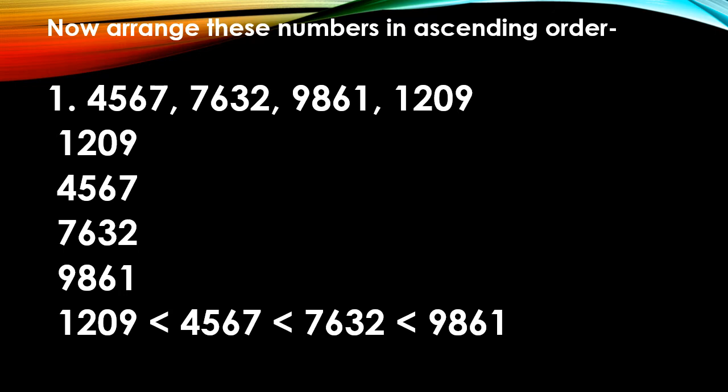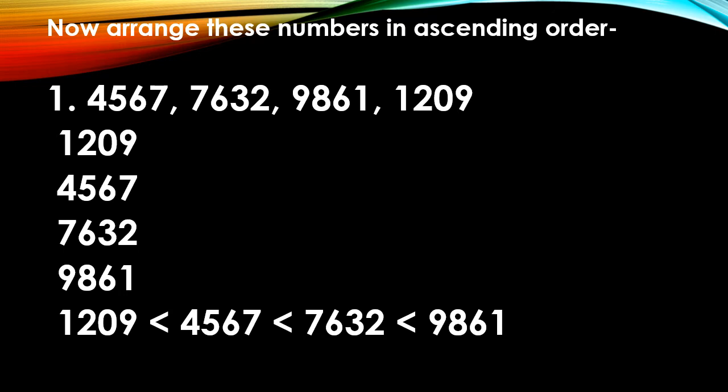Children, we must remember that ascending order means arranging numbers from the smallest value to the greatest value. So, let us start from the highest place, which is thousands in the given numbers. Remember, we have to look for the smallest thousands, and we have to arrange in ascending order.